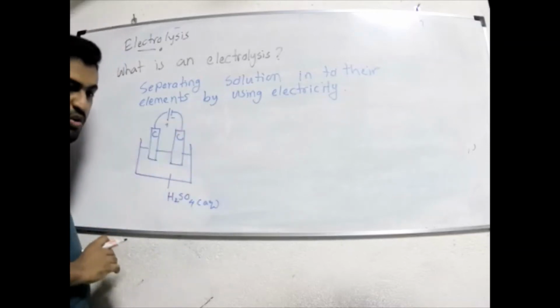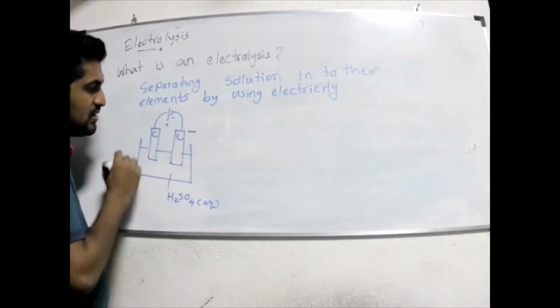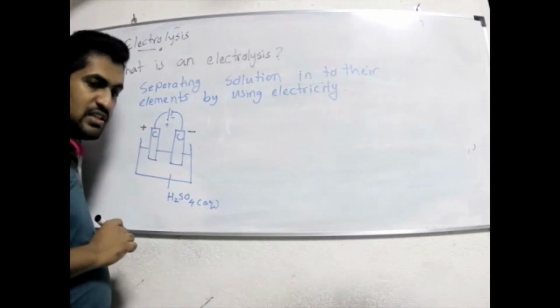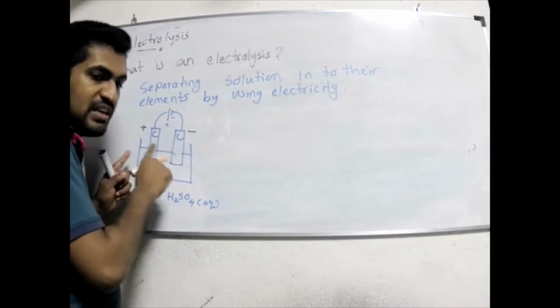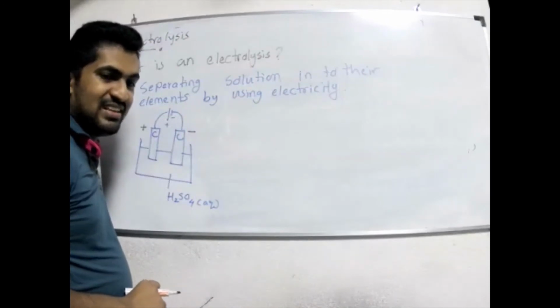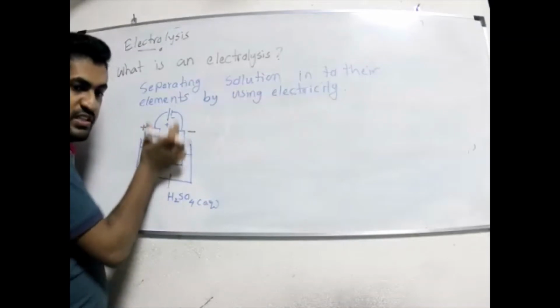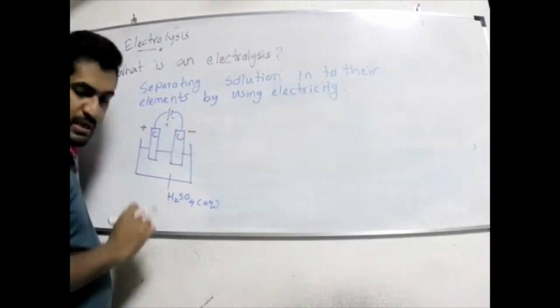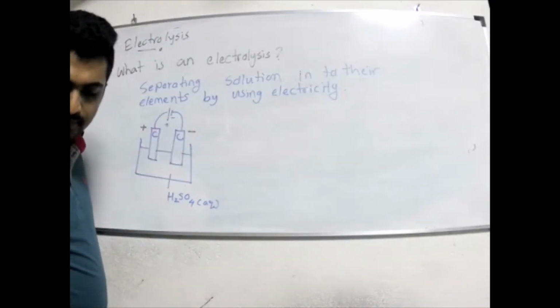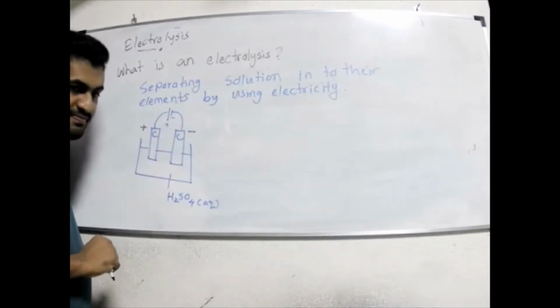Here the plus and minus you already know, because the one connected to the minus terminal is minus, and the one connected to the plus terminal is plus. The plus and minus of these two rods depend on the plus and minus of the cell. So this is minus, this is plus.